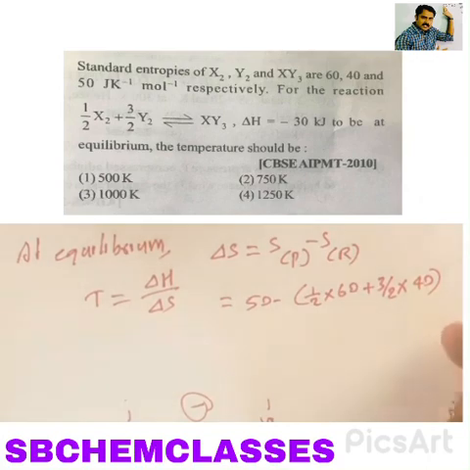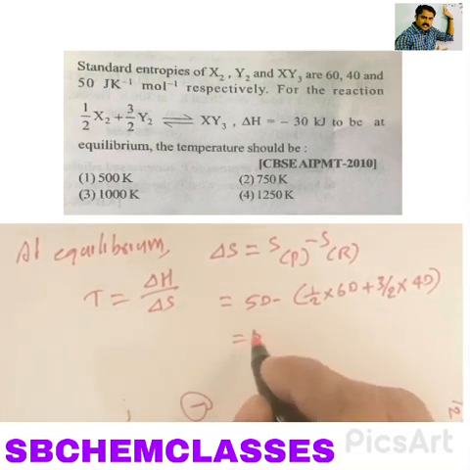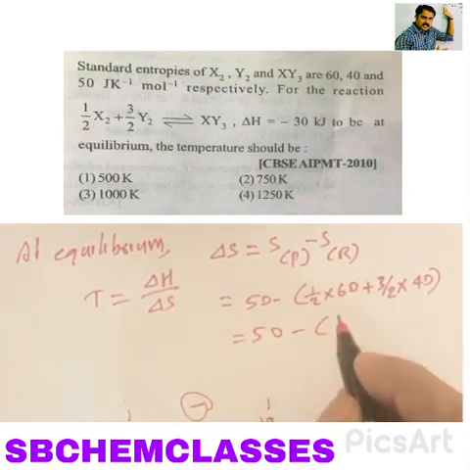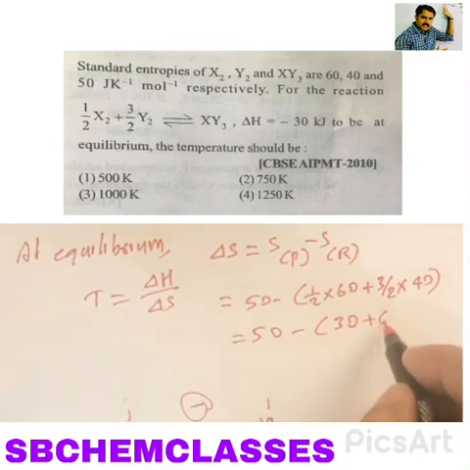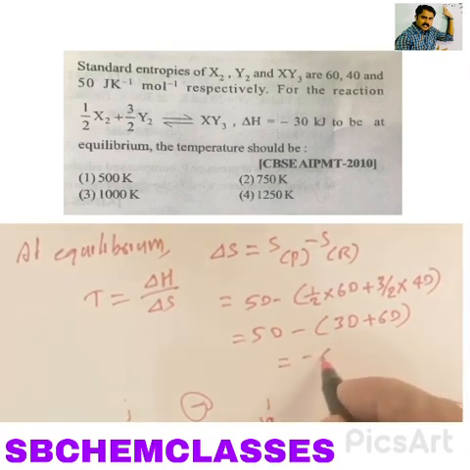By calculating this, we will get delta S of the reaction. Half X2 means 30. 3 by 2 into 40 is 60 times 2, that is 120 by 2, 60. So the answer is 50 minus, half into 60 is 30, plus 90. So minus 40.